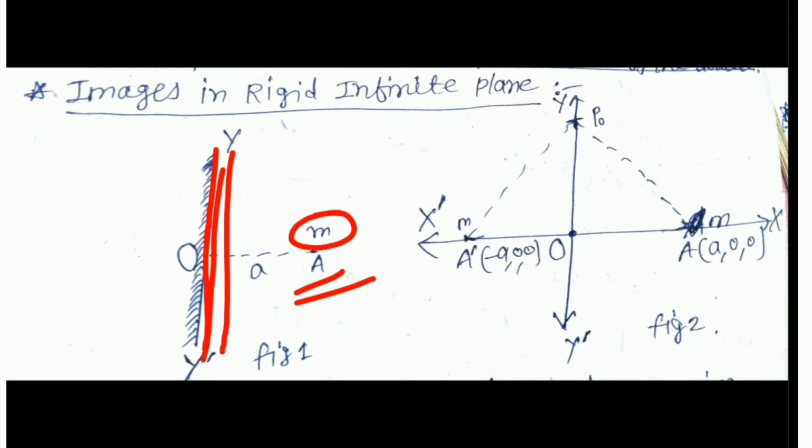The image system is minus m at A dash and m at B dash, where A dash and B dash are respectively the optic images of the points A and B.